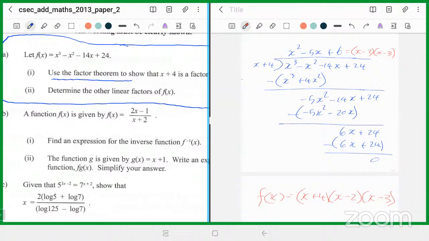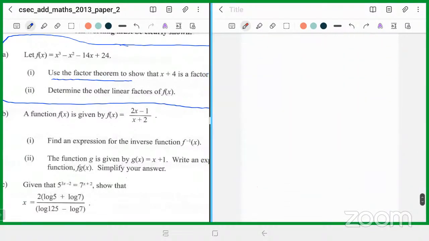Yes, sir. The factor theorem is about when x minus a, a linear divisor k times x minus a, is a factor of a polynomial function f of x.